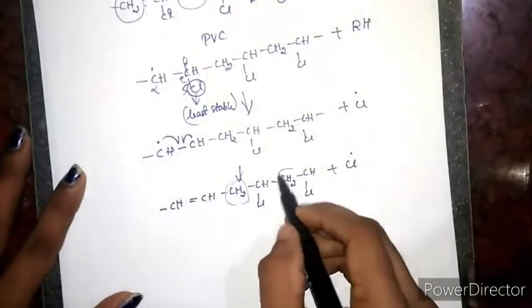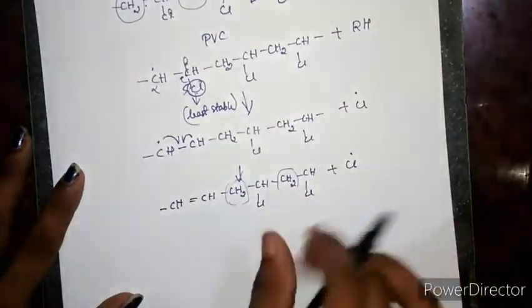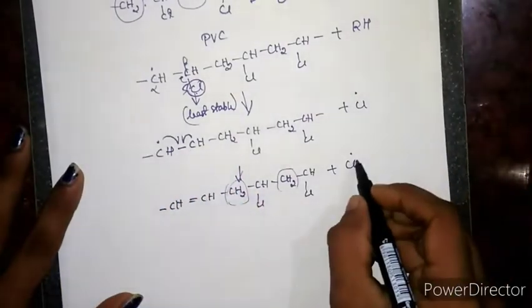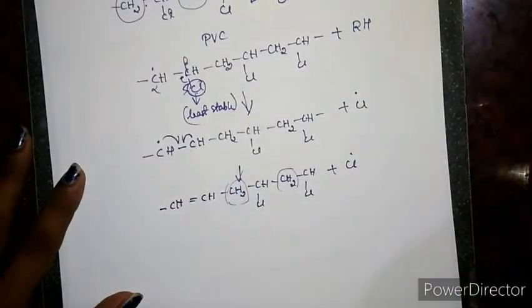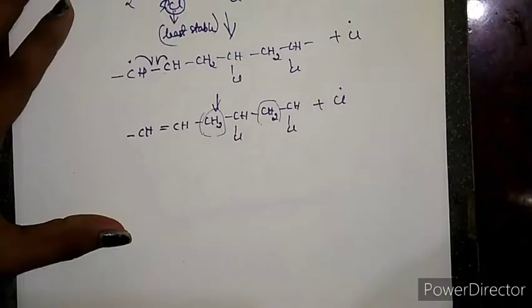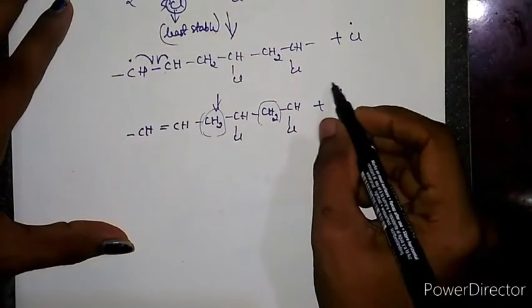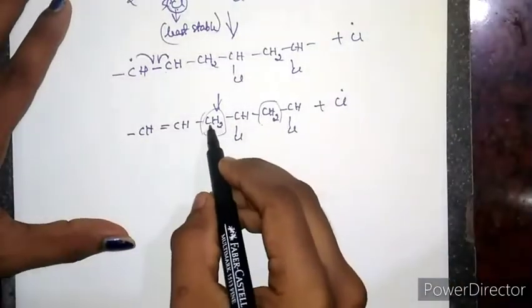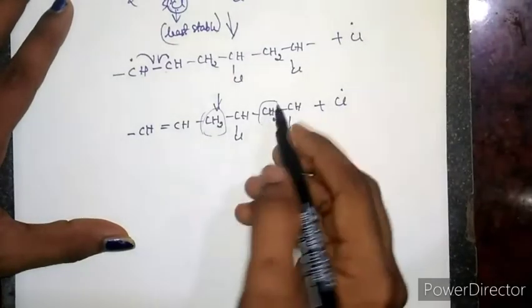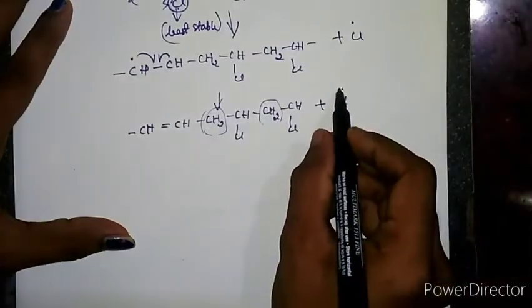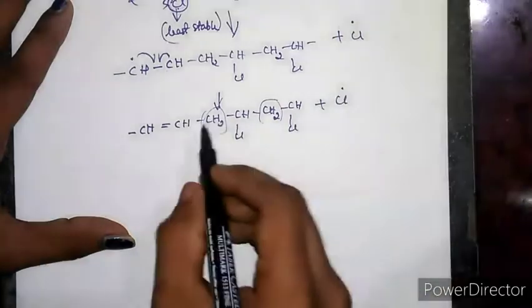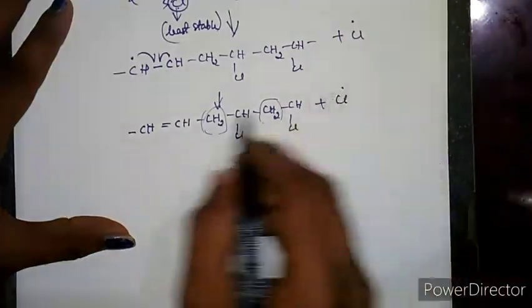Here it is a methylene group, here is also a methylene group. Of course we have other methylene groups, but I did not write them. Now this Cl can abstract the hydrogen from this CH2 group or this one. Imagine this Cl is abstracting hydrogen from this methylene group.